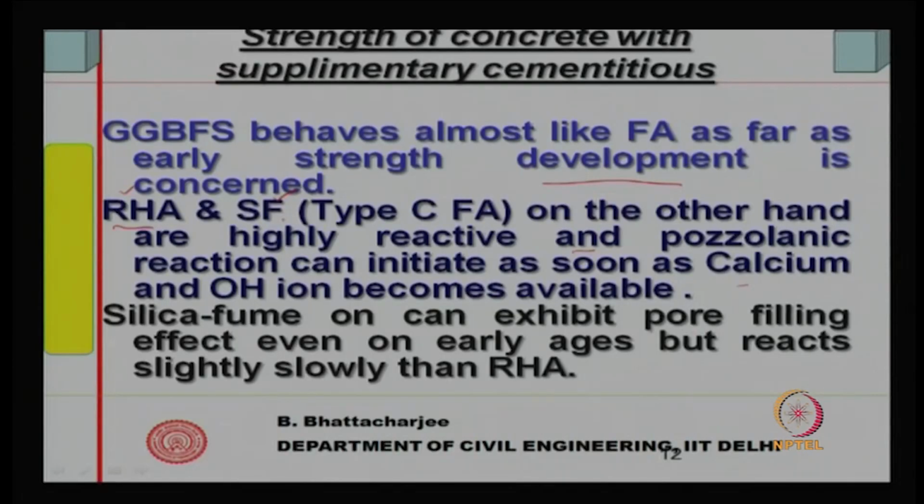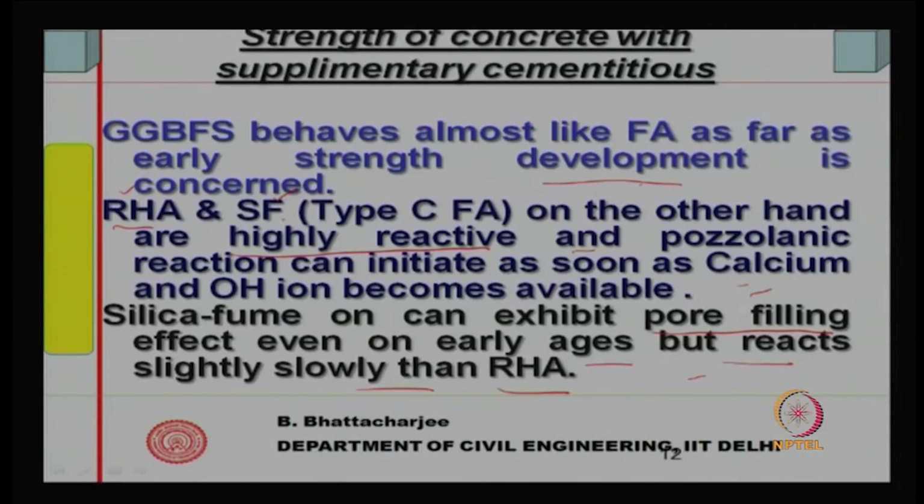But silica fume does not have any of this problem in any case, right. So, silica fume exhibits pore filling effect and is highly reactive, and even RHA reacts slightly slower than silica fume; no, rather, silica fume reacts slightly slower than rice husk ash, which still has the faster reaction process. So, early strength wise these materials are not a problem, whereas fly ash and GGBFS are somewhat problematic.